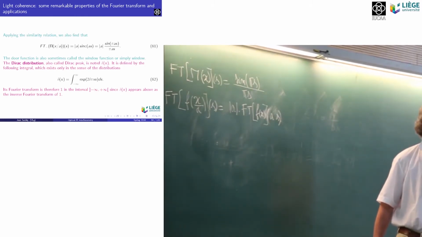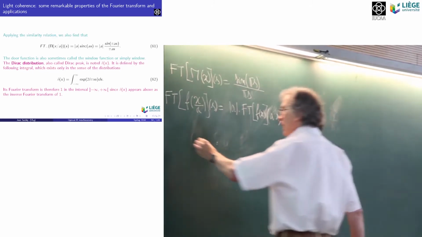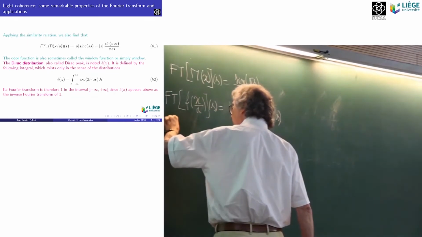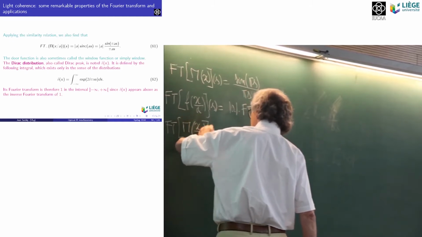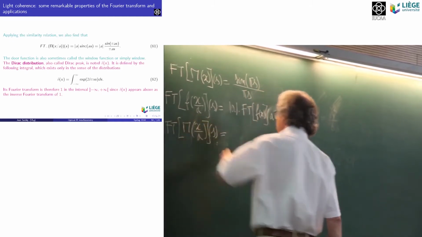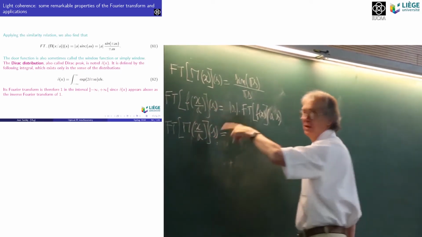Now, I would like to particularize it. For instance, if you would like to know what is the Fourier transform of the door function of x over a, I just see the similarity.